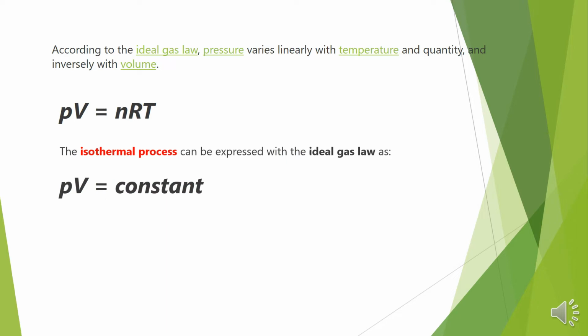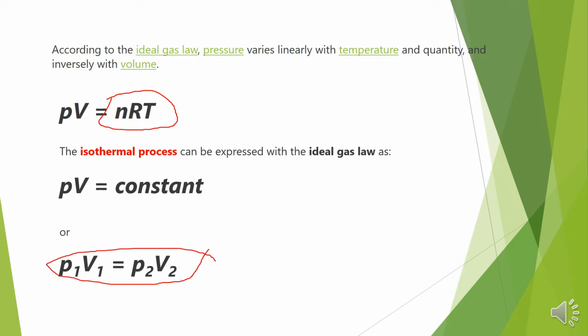For an isothermal process, since nRT is constant, we can say PV is equal to constant, or we can write P1 V1 is equal to P2 V2.